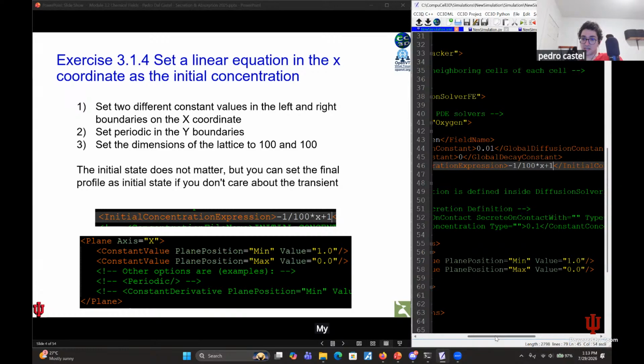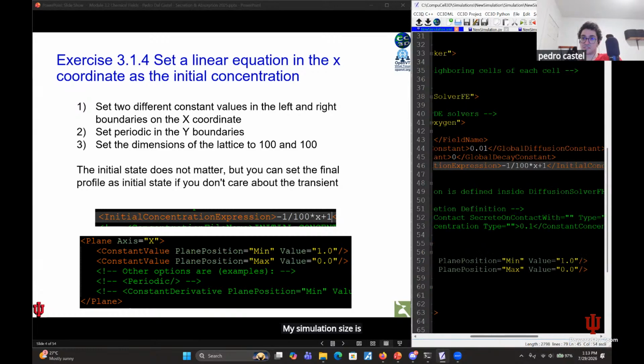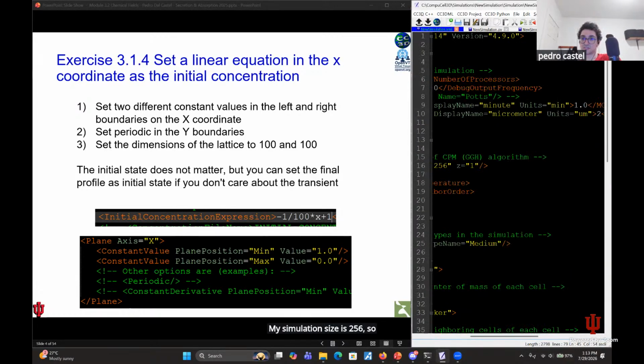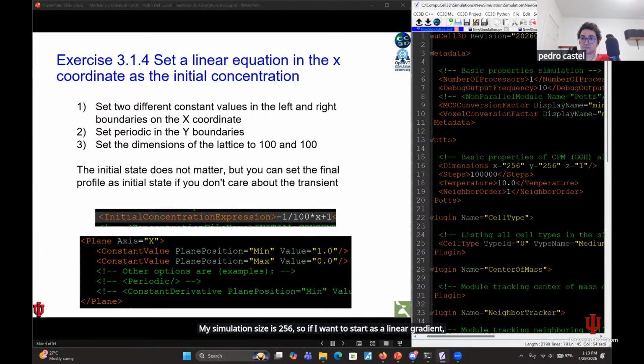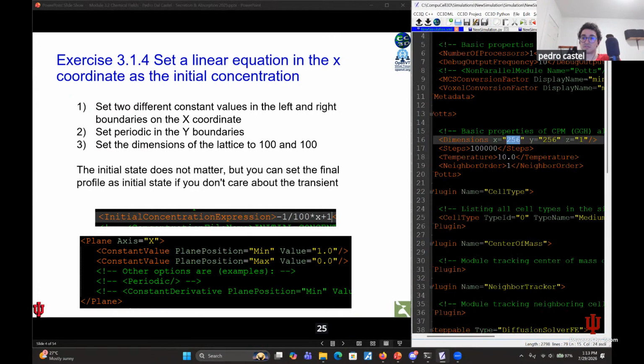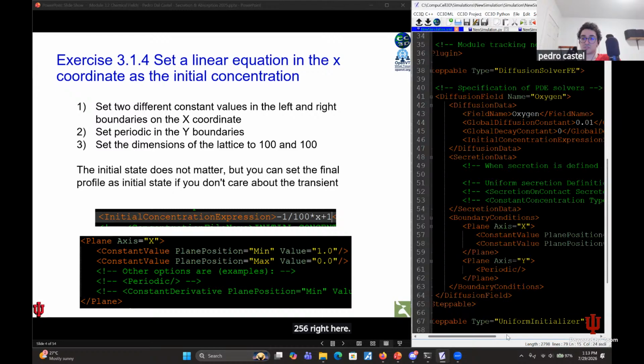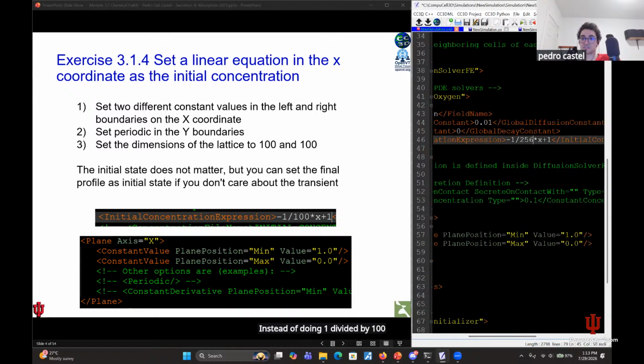My simulation size is 256, so if I want to start as a linear gradient, 256 from here, instead of doing 1 divided by 100, I'm doing 1 divided by 256.